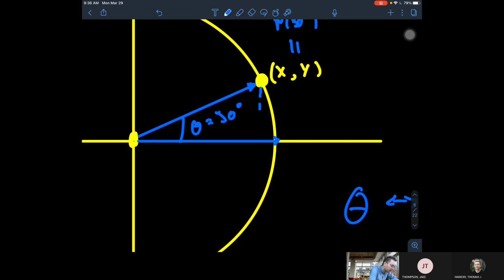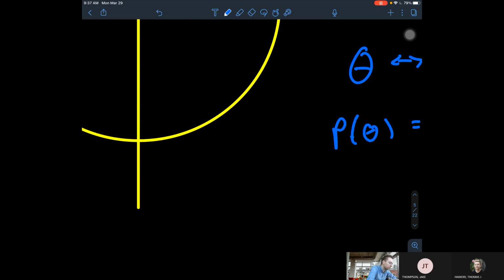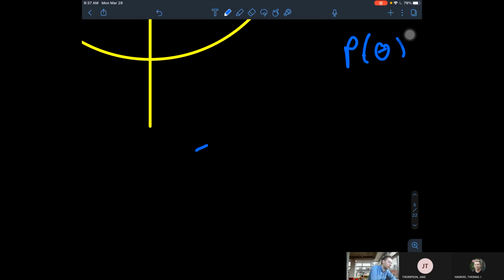If I drop a line here, then I have a triangle, and the side length here is 1. So if I were to remove this from the unit circle, what would it look like? It would look like this. This side length is 1.